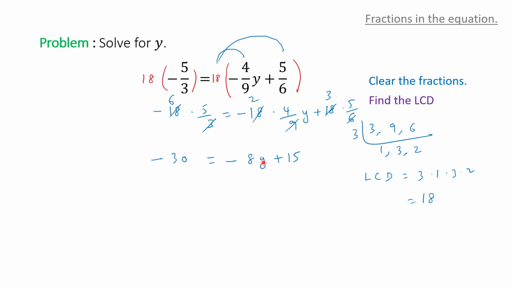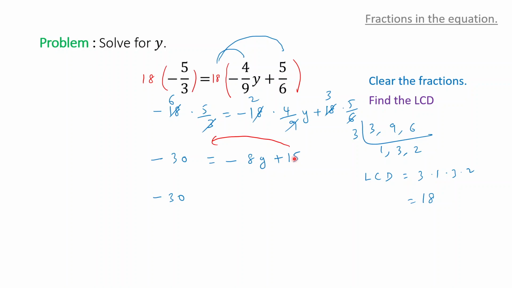So now your variable is here. So you need to isolate this term. To isolate this, move this to the left hand side. Negative 30. Move this to the left hand side. Positive 15.